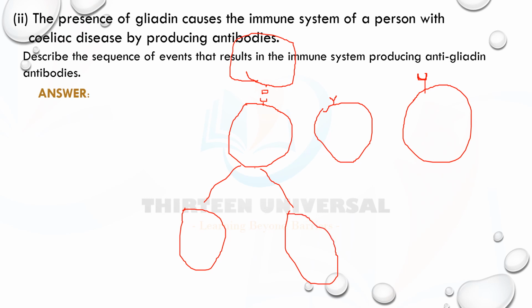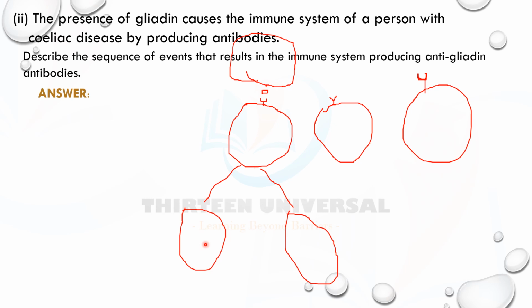If the cell is a T helper cell, it will respond by secreting cytokines. Cytokines will stimulate appropriate B lymphocytes to divide, and then differentiate into memory cells and plasma cells. The plasma cells now secrete the antibodies.